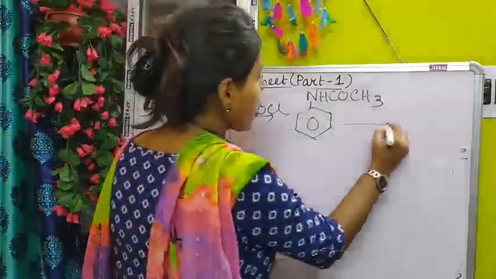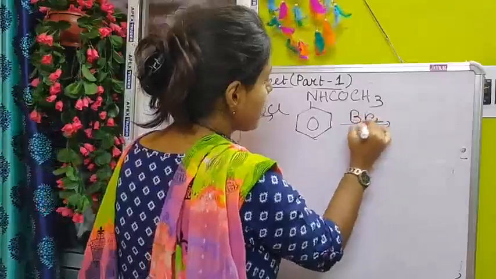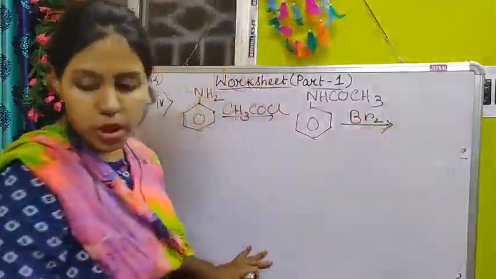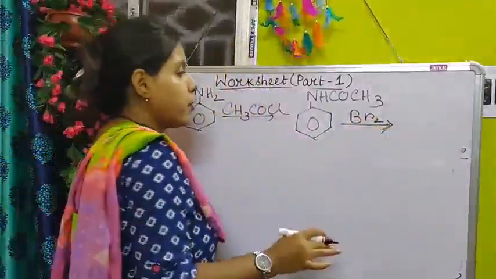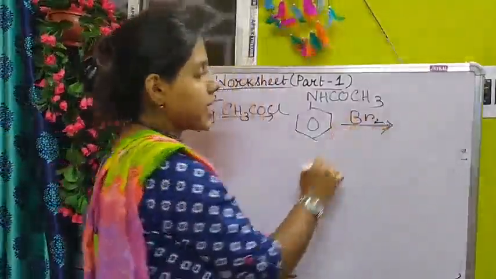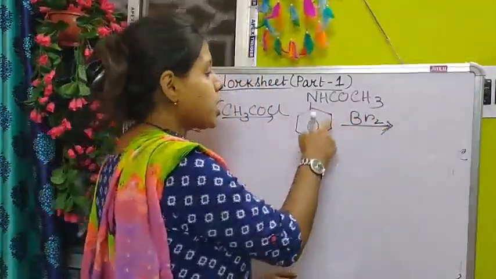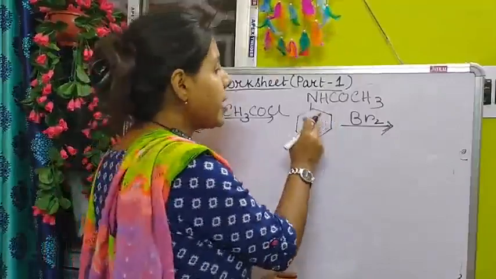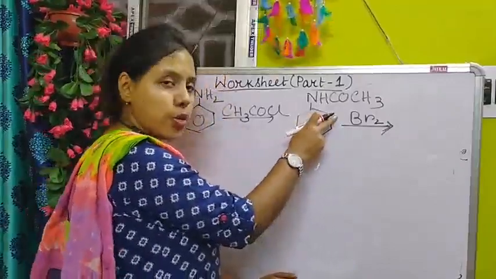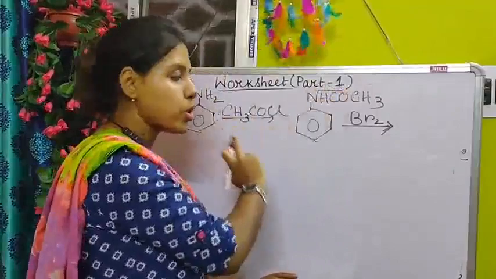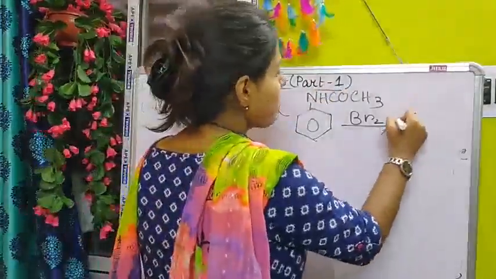After that, addition of Br2. So here two compounds will be formed, okay, C and B. So this is actually a bromination reaction. Bromination will take place in the benzene ring. Okay, so bromine will be added at the ortho position and at the para position with respect to this group. So which will be the major product?